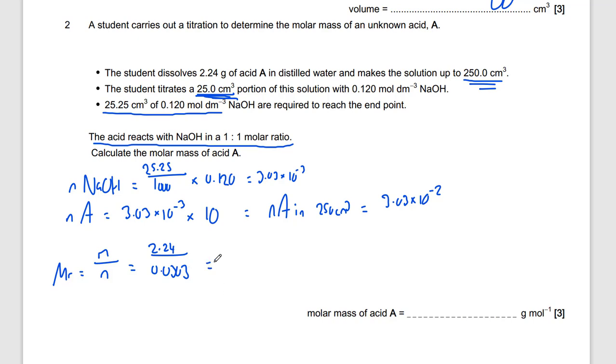So essentially 74. I'm just going to round to 74. And there you go. Nice and straightforward. Obviously, I've rounded. Don't do that. Put 73.9. But frankly, the question doesn't tell you how many sig figs or decimal places it wants, so in my opinion, 74 is a perfectly fine answer.